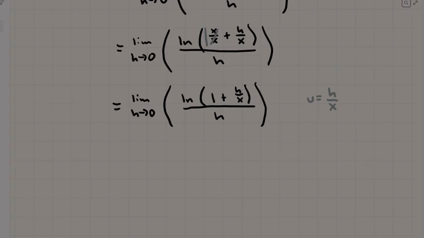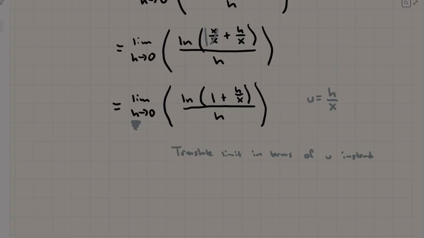And so since our limit is in terms of h, then we also want to translate the limit in terms of u instead, because we want to get rid of h. We don't want to worry about it. And so that means we also need to do something to that limit. And so how can we represent h?